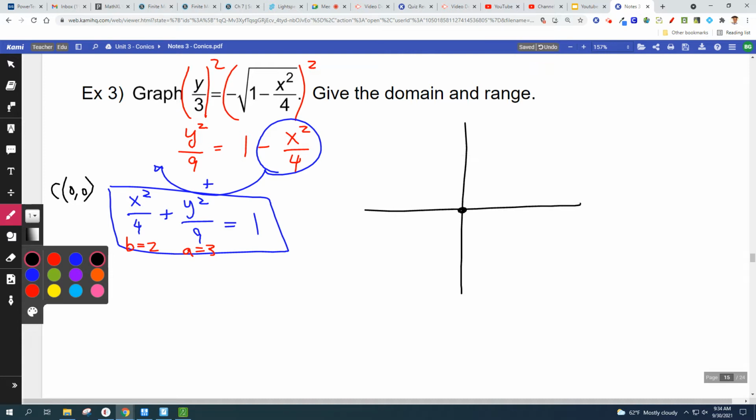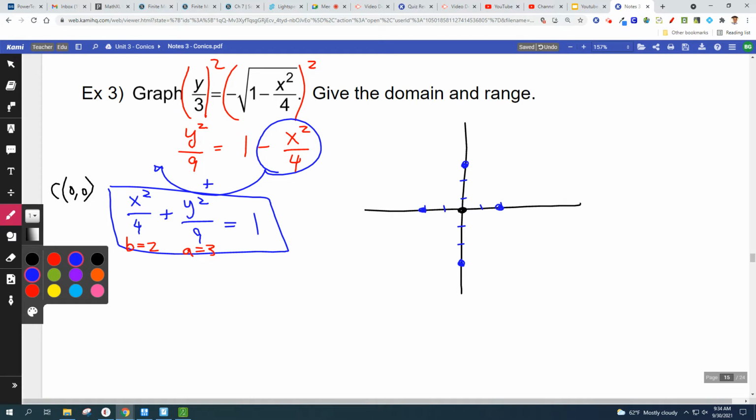And the major axis is the y-axis. So you would go up 3 and down 3. So up 3 is here and down 3 is here. And the minor axis, go over 2. And so normally we would just draw our oval through those 4 points.